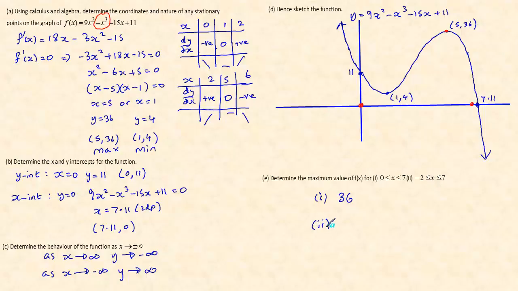Now for part 2, we need to expand the domain outwards, so we're expanding outwards across here to negative 2 to 7. So we need to know how high the function is at negative 2.